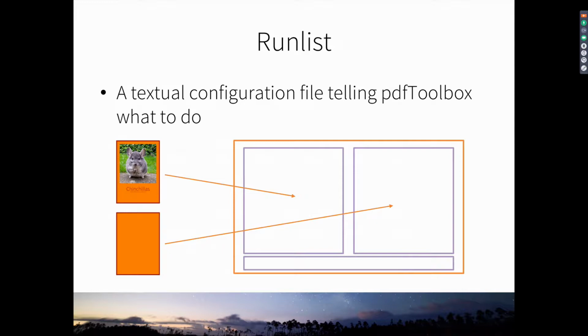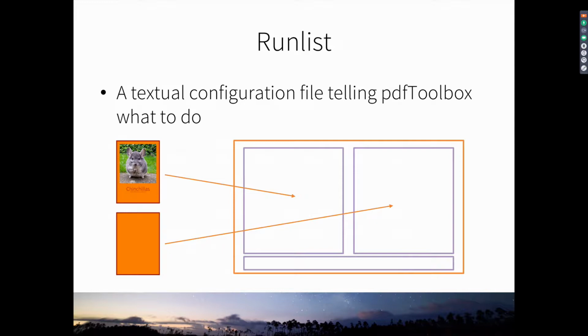So the Runlist contains the instructions that will tell pdfToolbox how to take the incoming PDF document and place different pages from that incoming file on the slots of the sheet. And while I have not shown that here, the Runlist would also allow me to specify the information that needs to come in the 3rd slot at the bottom.